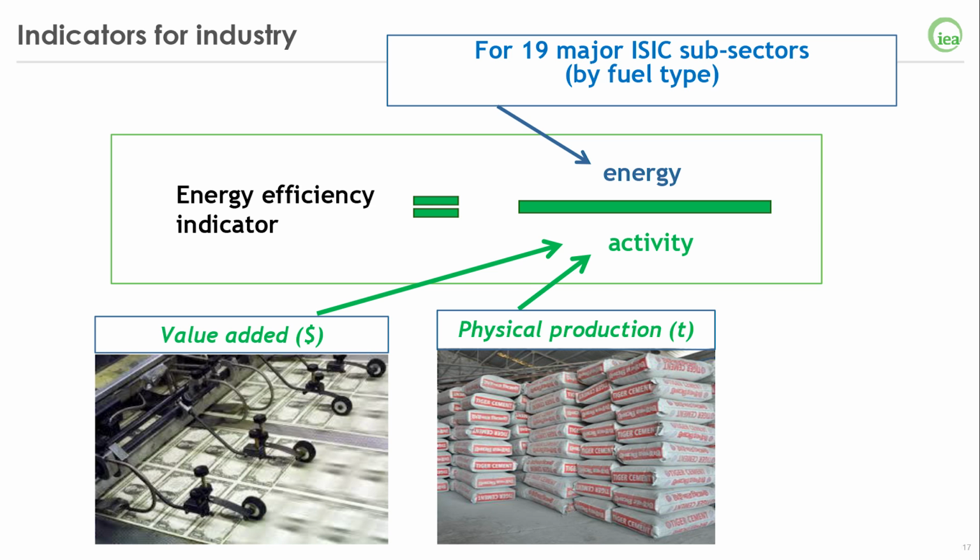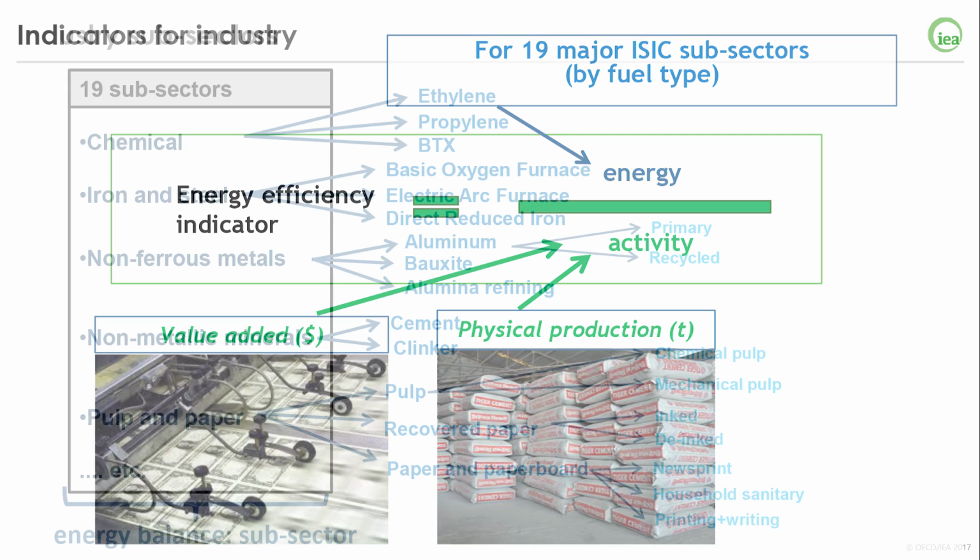The next sector is industry. Here, IEA collects data for 19 major ISIC subsectors by fuel type. For activity data, we collect value added, and for the homogeneous energy intense sectors like cement, we collect also physical production in tons.